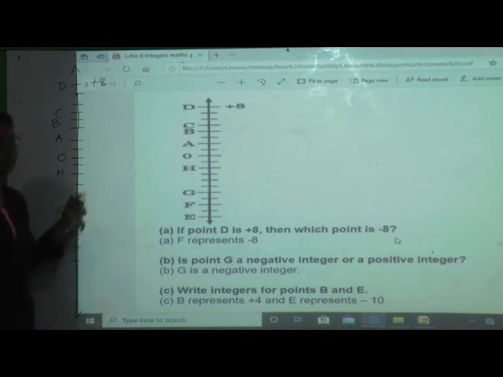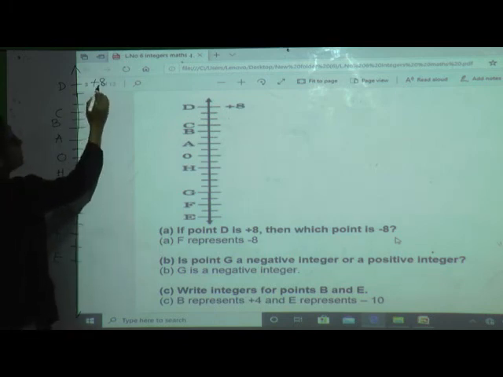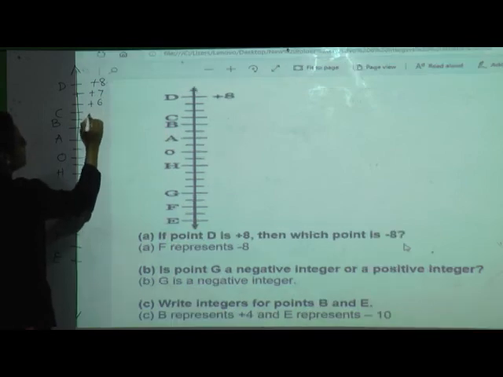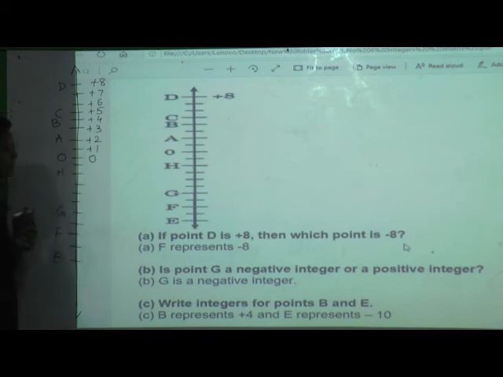In order to find this, first of all we have to denote the integers on the number line. It is plus 8, so it becomes plus 7, plus 6, plus 5, plus 4, plus 3, plus 2, plus 1, and here it's 0.